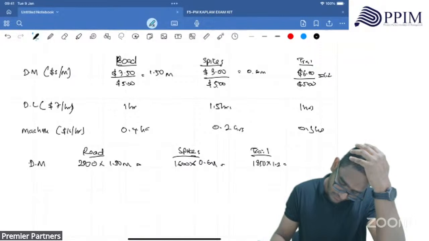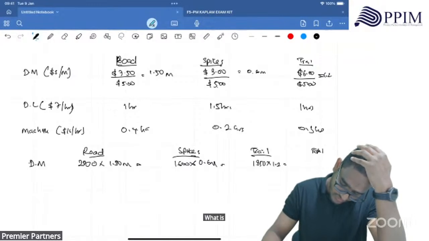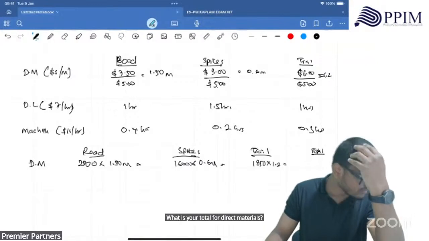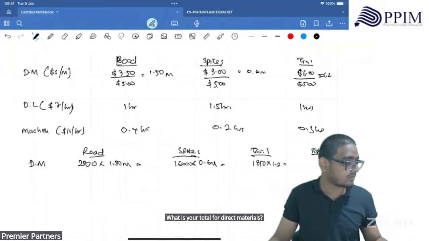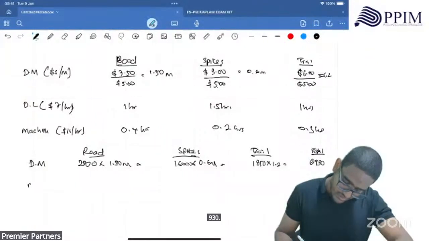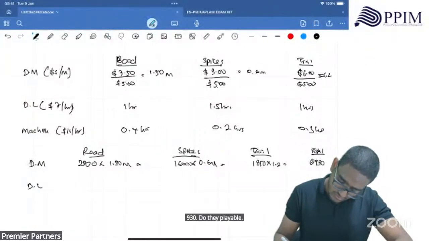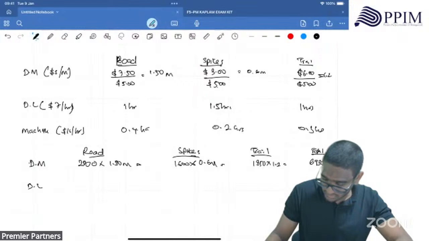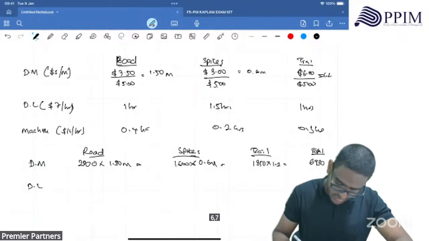Machine. What is your total for direct materials? 1930. Okay. Direct labor? 6750. Machine hours?